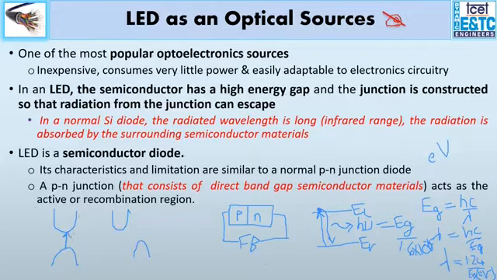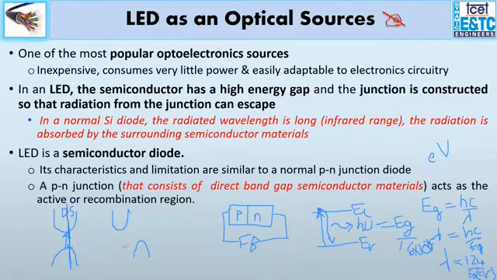It is from the minimum of the conduction band to the maximum of the valence band. This is a simple case of a direct semiconductor, when the maximum of the valence band and the minimum of the conduction band are aligned, having the same momentum, and there is no requirement of change in momentum for the recombination.